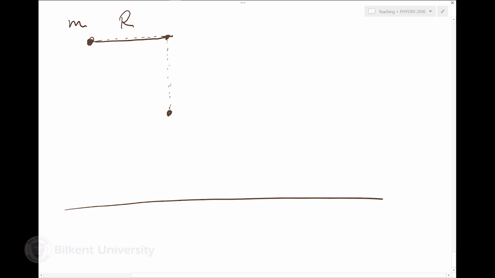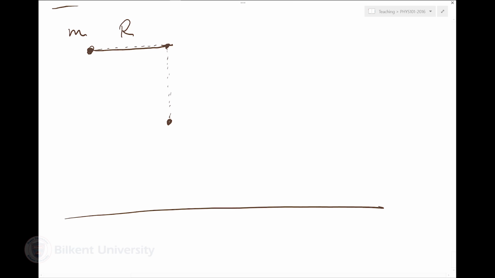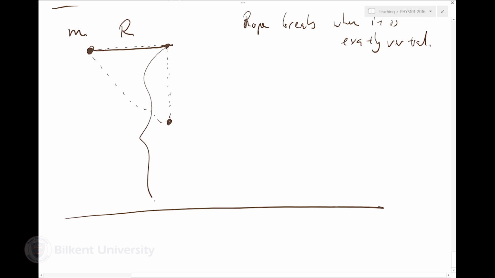And the rope snaps when it is exactly vertical. Okay. And I'll say this distance is h.